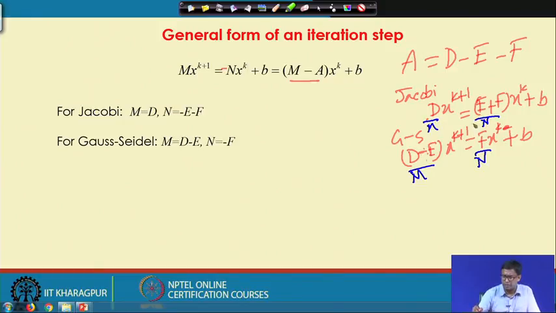Nevertheless, both these can be expressed as a general form, which is M x k plus 1 is equal to minus N x k plus b.